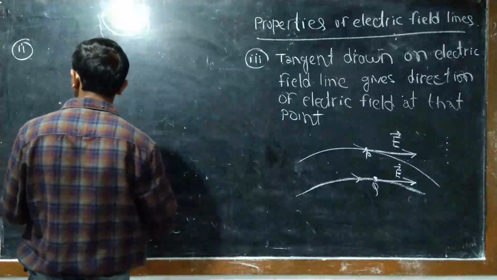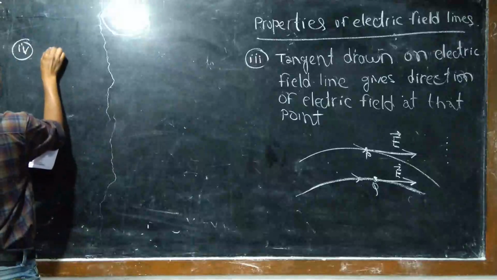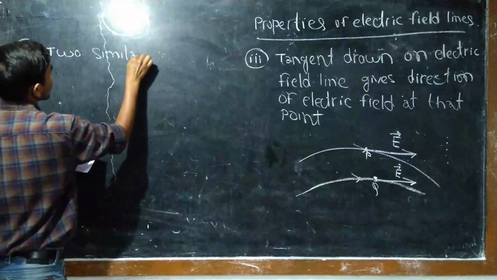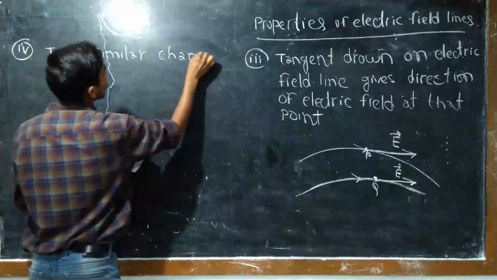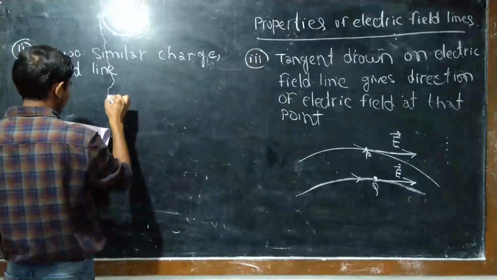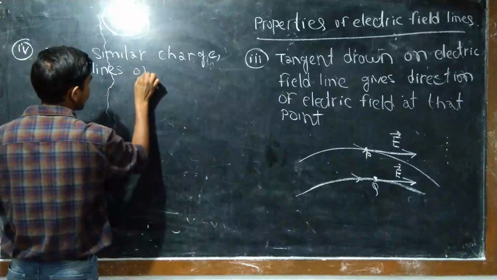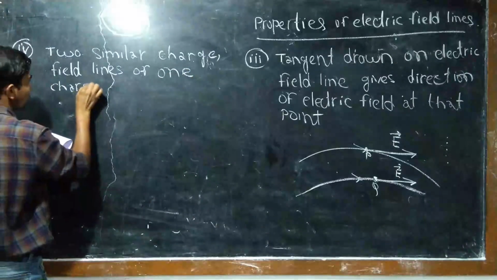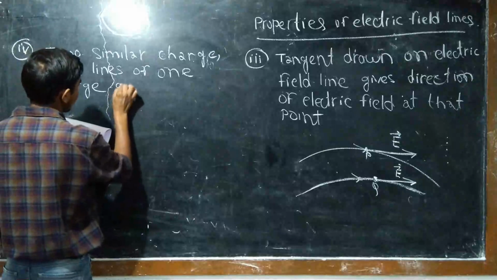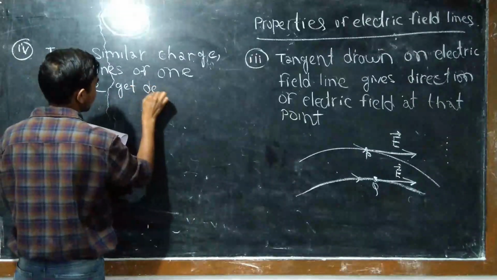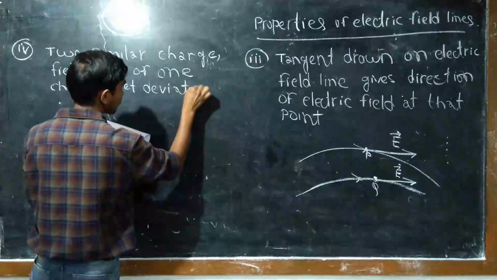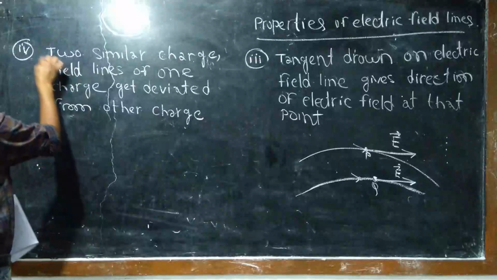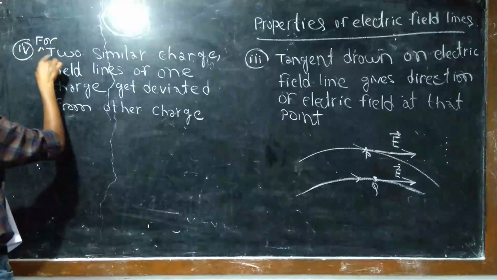So see what is your fourth point. So two similar charges. Two similar charge, field lines of one charge get deviated from other charge, right?